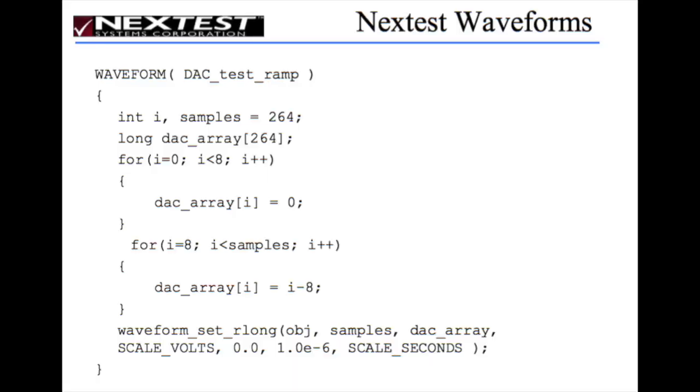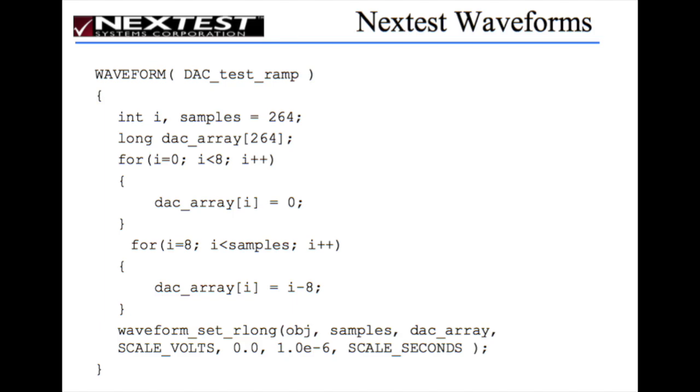And sample by sample, just do it in a loop. Like here's an example of doing a DAC test wave. So waveform DAC test ramp, int I samples 264, long DAC array 264, for I equals 0, I less than 8, I plus plus, we set the DAC array element I to 0, and then for I equals 8, I less than samples, I plus plus, DAC array element I is equal to I minus 8.